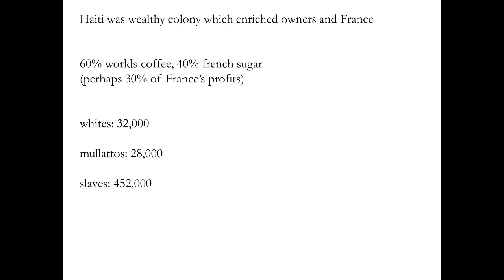But look at our demographics. We have 32,000 whites, the owner class, the elites, the local government. We got 28,000 mulattoes, mixed race people, mostly mixed white and African, European and African, maybe a little bit of white and indigenous peoples.